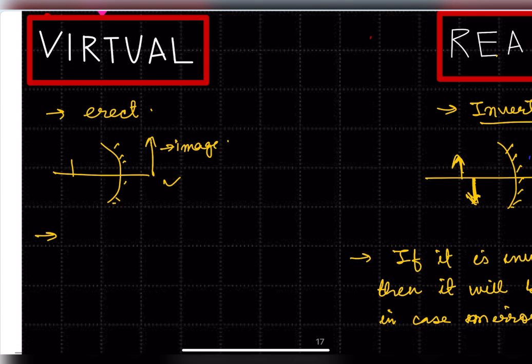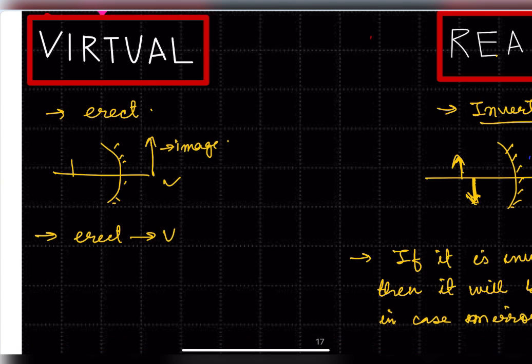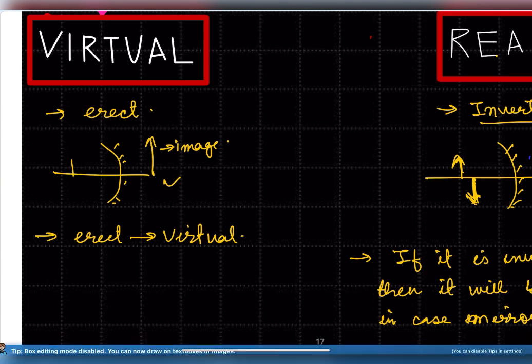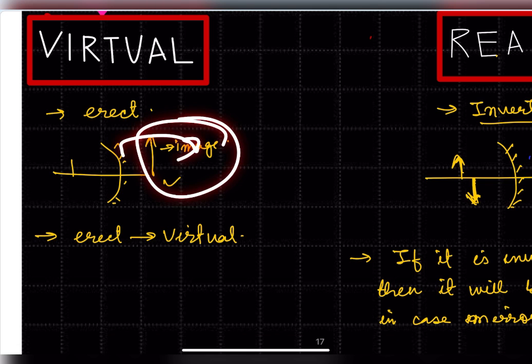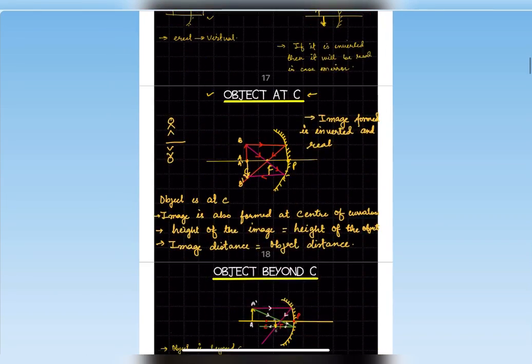If it is erect, then it will be virtual also. Virtual is formed behind the mirror, that is virtual and erect. In front of the mirror, it is real and inverted. I hope you understood this one. Okay, a question comes in the exam.